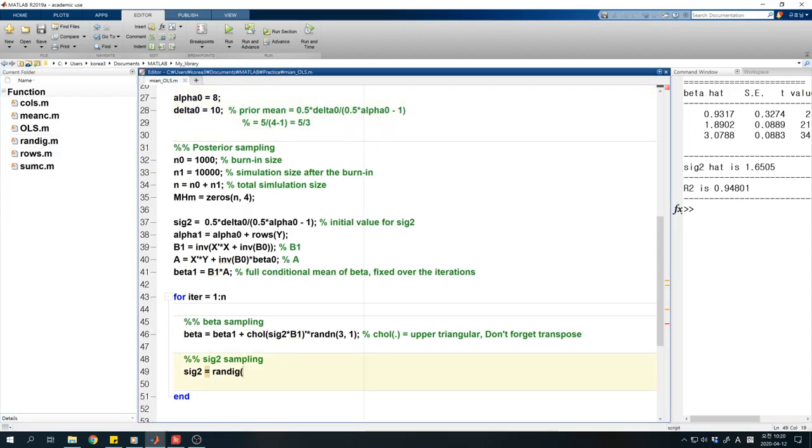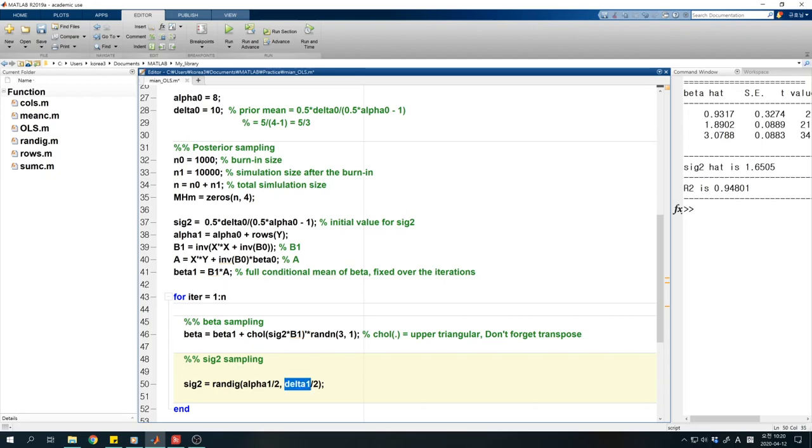Okay, so then the parameters are what? Alpha 1 divided by 2 and delta 1 divided by 2. But what is delta 1? What is delta 1?